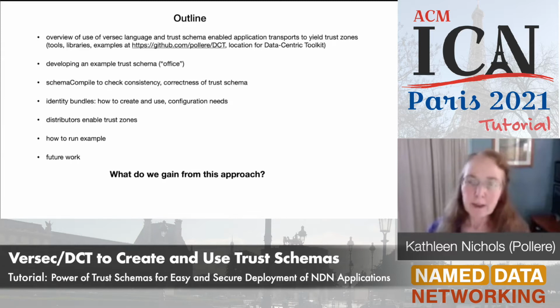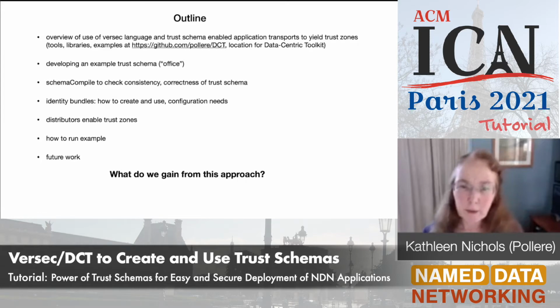That will lead us to how we create identity bundles, and what they are in this context. And a little bit about how, once we have all this, the distributors, which are part of the toolkit's library, enable the trust zones at runtime for the application. And I'll say a few words about how to run the example and future work.